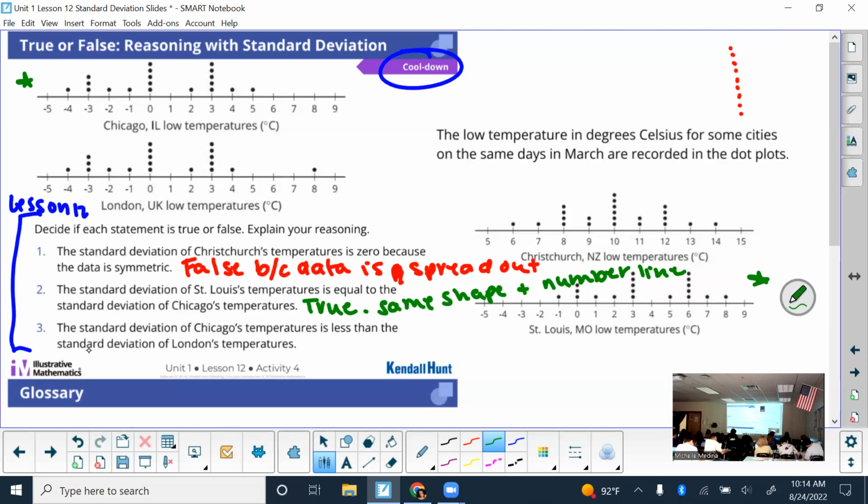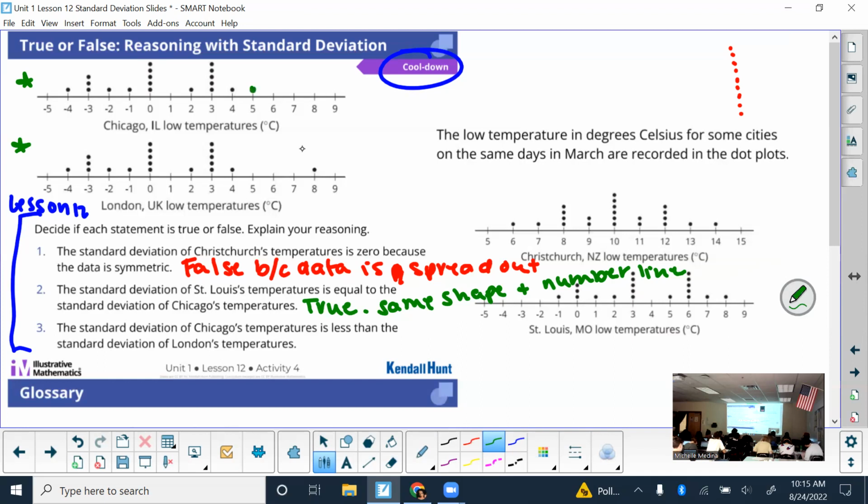All right, the standard deviation of Chicago's temperatures is less than the standard deviation of London's temperatures. So these 2 dot plots, true or false? So it looks almost like they're exactly the same except for these 2 dots.